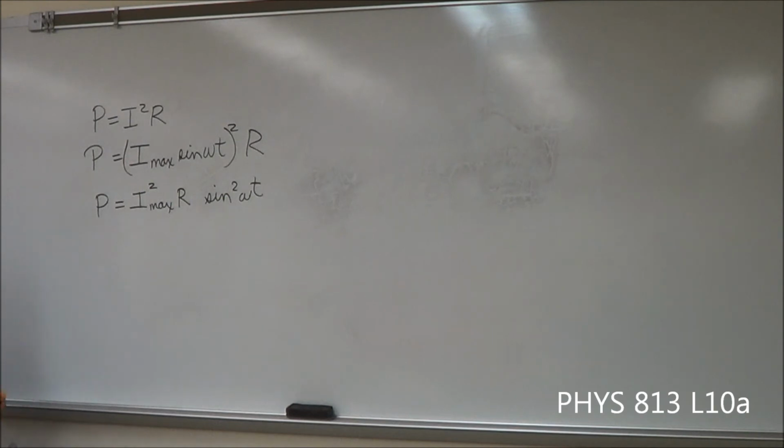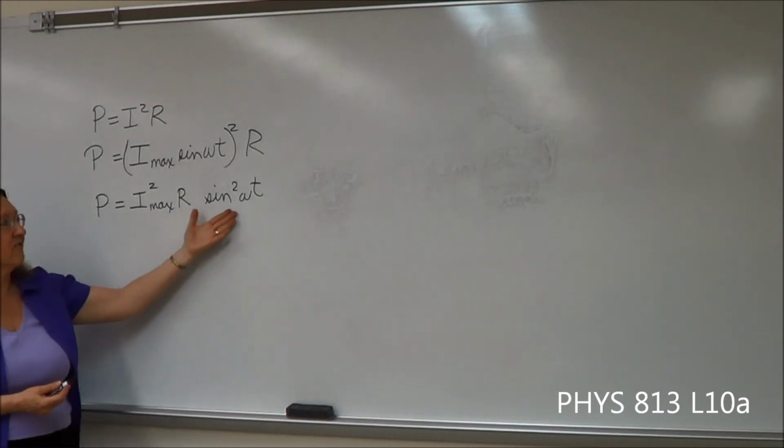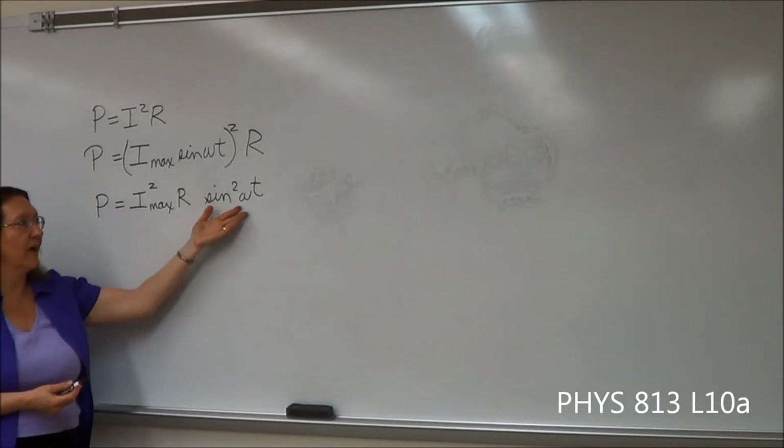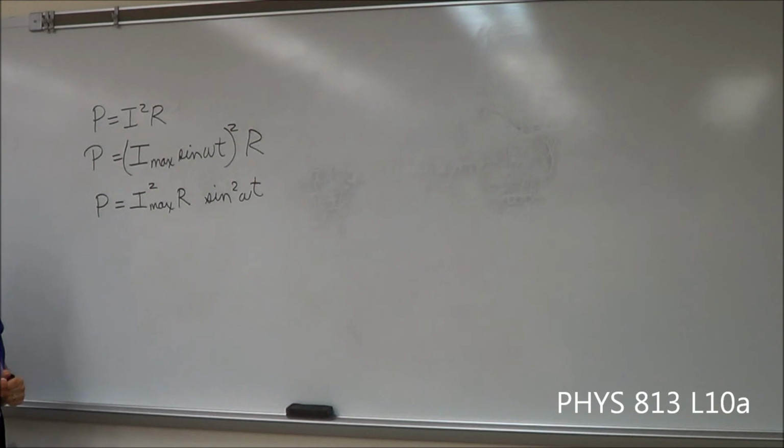So power varies, and that's not very useful. So what we want to do is to look at an average value, and an average value of sine squared is 1/2. If you've done some calculus before, that's a standard thing they do in calculus classes.